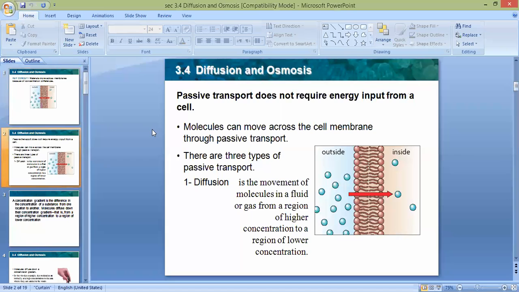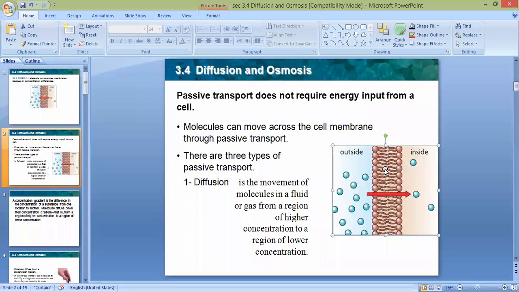What are the molecules that are transported by this type of transport? What are the molecules? Yes, Sadeel. Okay, Abdulaziz, what are the molecules that pass by this type of transport, the passive transport, that don't need energy? Diffusion, but what type of molecules? Molecules that can pass this way, what do we call them?